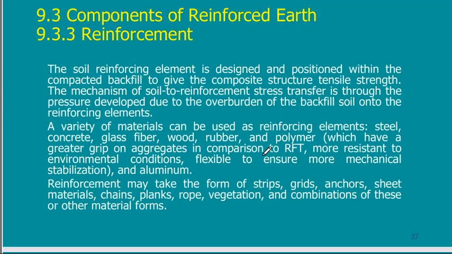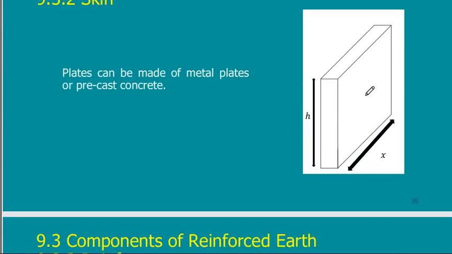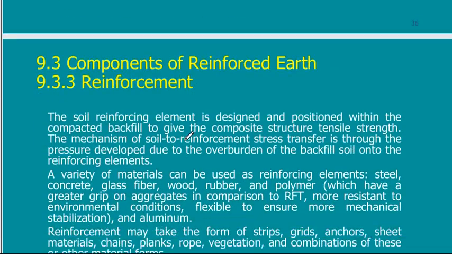Last thing is the reinforcement. Here this is the facing, and I'm going to connect this facing to a reinforcement. It is either a strip reinforcement or I may use a line reinforcement like this. All of this is a layer of reinforcement. So whatever I use, as we discussed, this is what we are going to design.